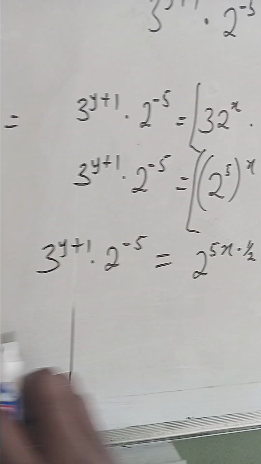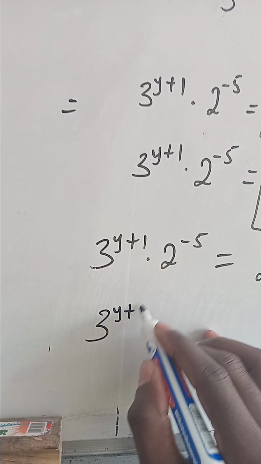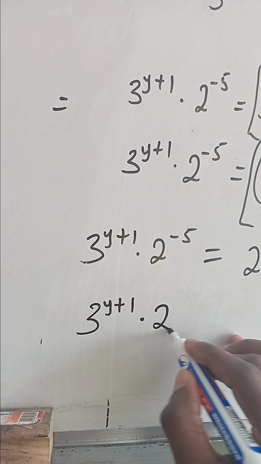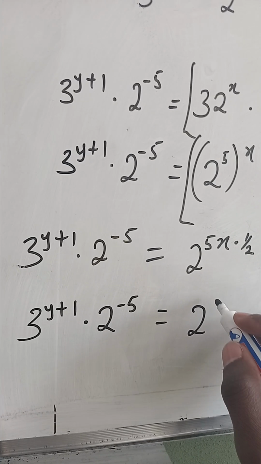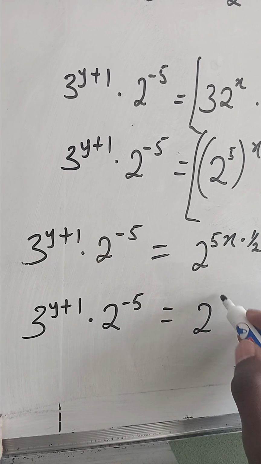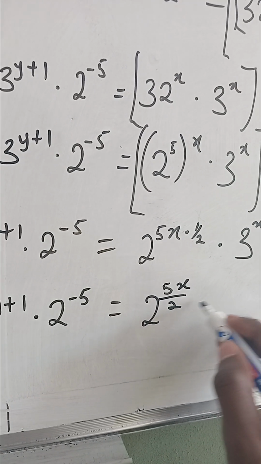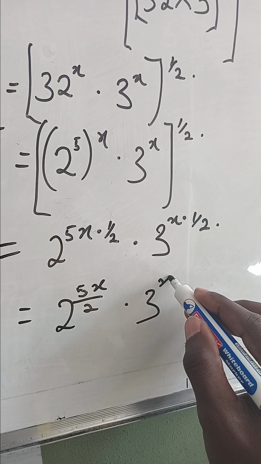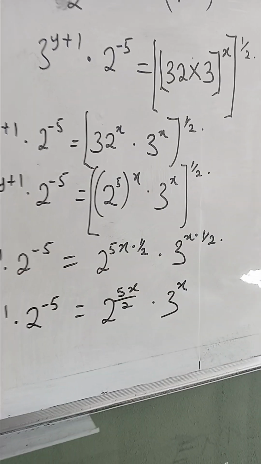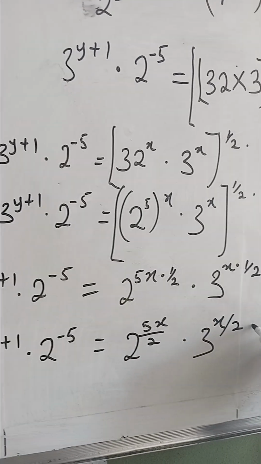So from here, I can have this as 3 raised to the power of y plus 1 multiplied by 2 raised to the power of minus 5 equals 2 raised to the power of 5x over 2, times 3 raised to the power of x over 2.